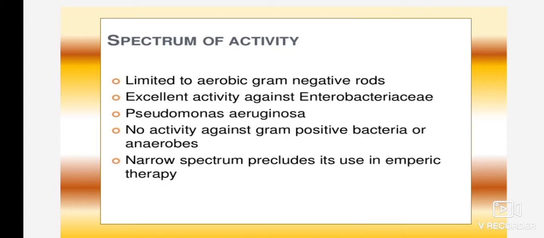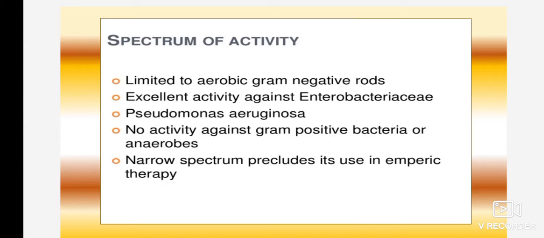Okay, so this is an important point, that it is active against gram negative microorganisms and has excellent activity against Enterobacteriaceae. It also has excellent activity against Pseudomonas aeruginosa and no activity against gram positive bacteria or anaerobes.